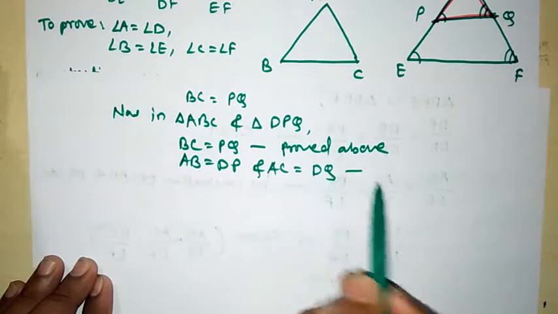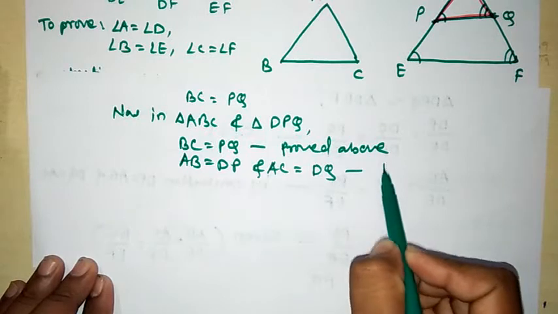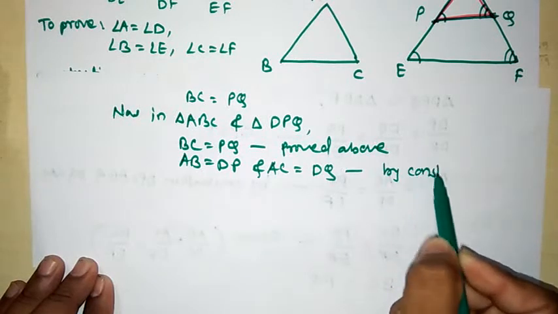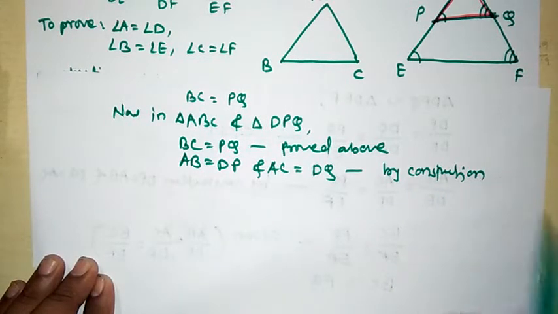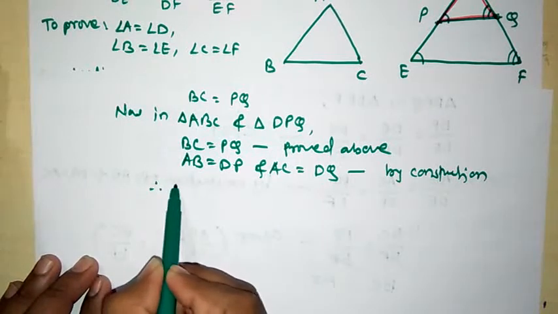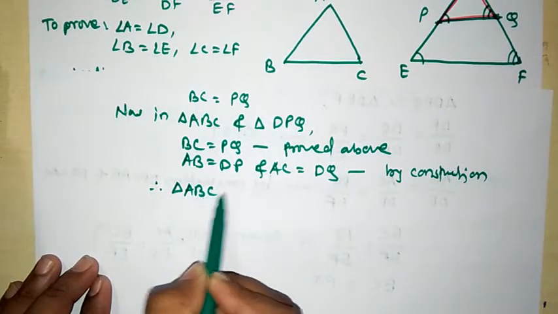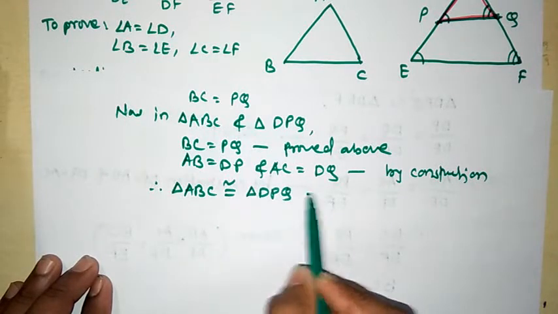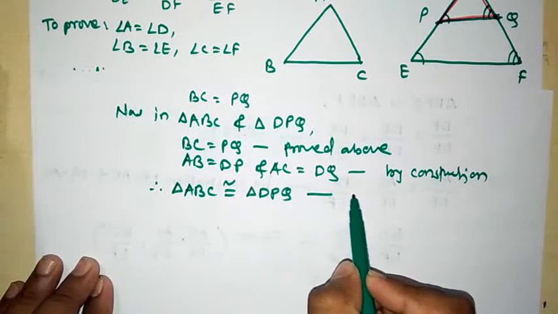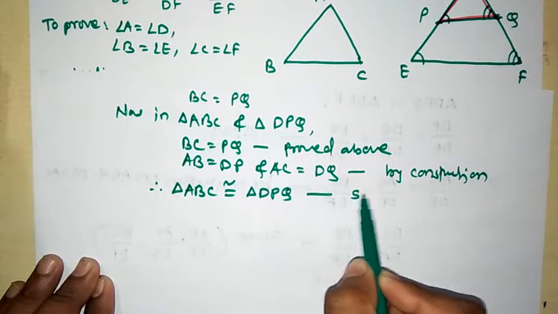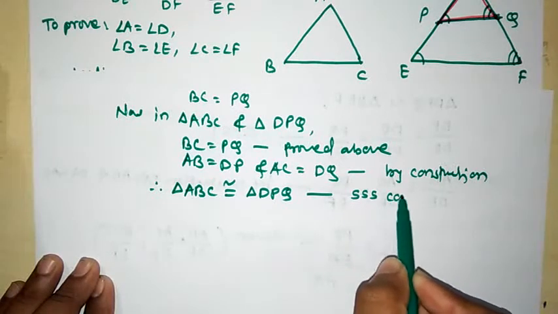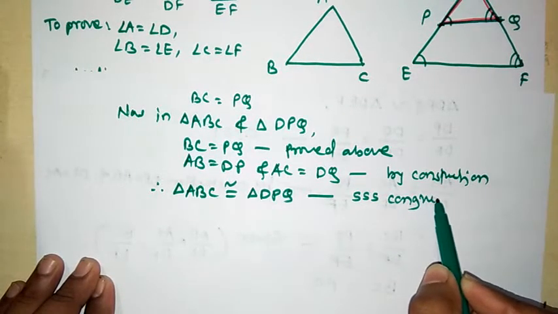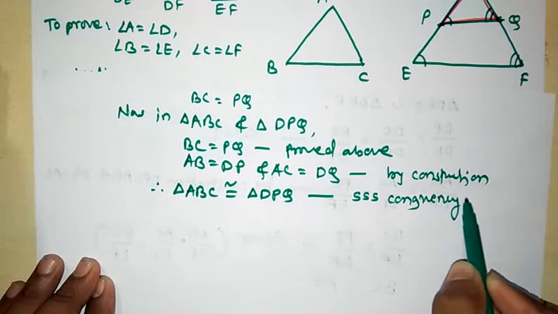What is the reason for this? Both by construction these are equal. Therefore, can we say that triangle ABC is congruent to triangle DPQ? By which theorem? By triple S congruency rule.